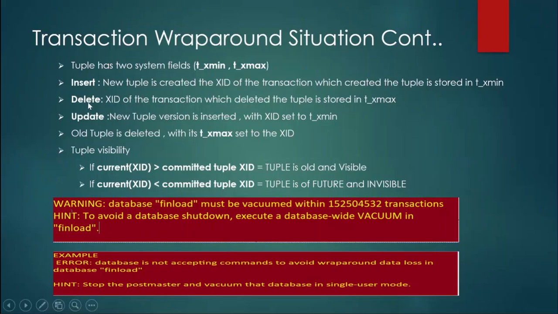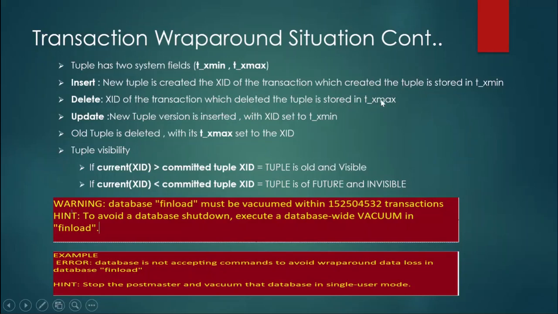Whenever you do any insert statement, your xmin value will be updated with the transaction ID, and whenever you do a delete or update statement, your xmax will be updated with your current transaction ID.